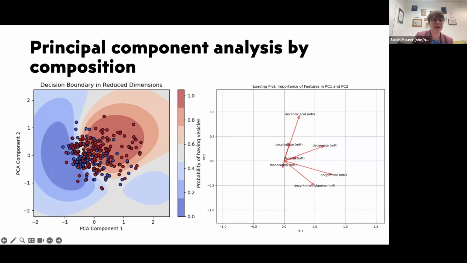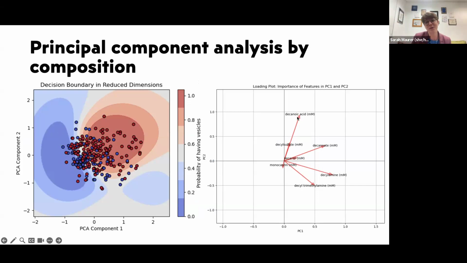We can use principal component analysis to try to separate out vesicle formers from non-vesicle formers. And you can kind of see here that there's a bit of separation, although it is not very clean in just 2 dimensions. There's quite a bit of overlap between vesicle formers and non-vesicle formers, although they separate out somewhat in these 2 components.